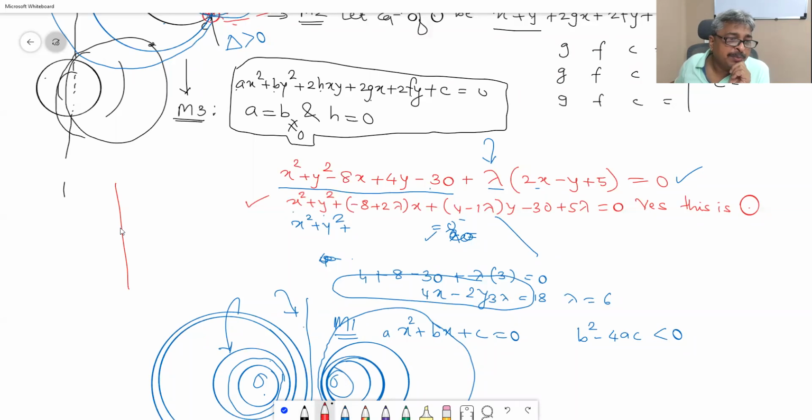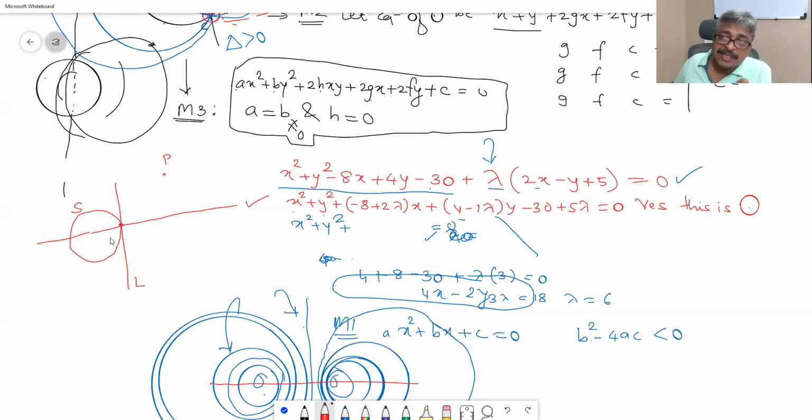If a circle is tangent to a line like this, and I ask you to find the equation of the circle passing through the points of intersection of this line L and the given circle S and passing through point P, something like this, but the line is tangent to S, then there are two points, but they are coincident. And therefore this center and the required center are going to be perpendicular to each other. Anyway, here also they are perpendicular. Here also they are perpendicular.